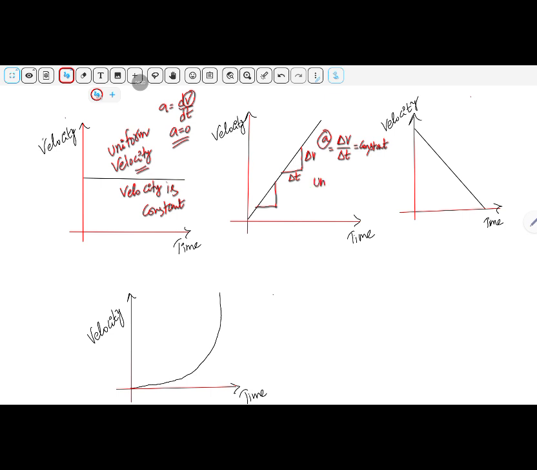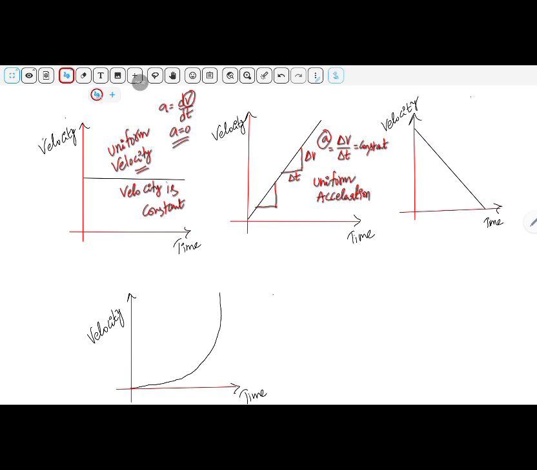So you can consider this graph as a uniform acceleration. Means it is the graph for a body which is moving with the uniform acceleration. Okay, uniformly accelerated body.